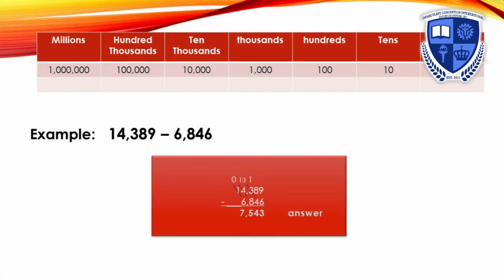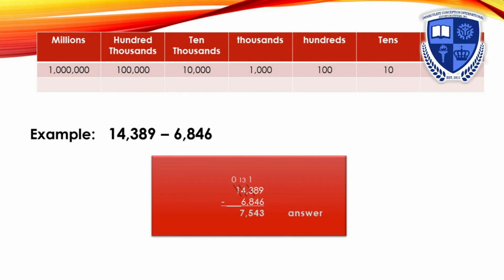So in order to subtract whole numbers, we write the problem in vertical form and line up the corresponding place values just as we did when we were adding whole numbers. And now, we subtract by starting with the ones column, working our way left. However, if the column does not have a large enough number to subtract, we will have to borrow from the column on the left.